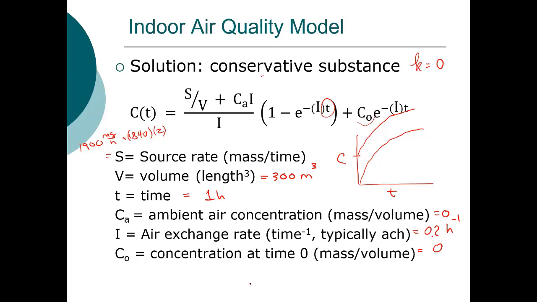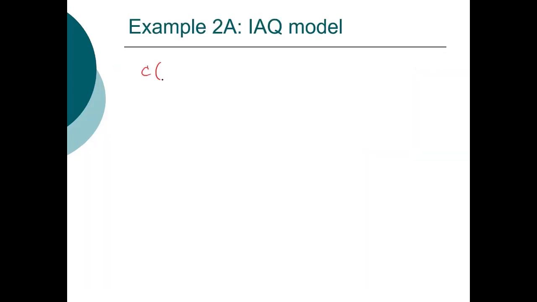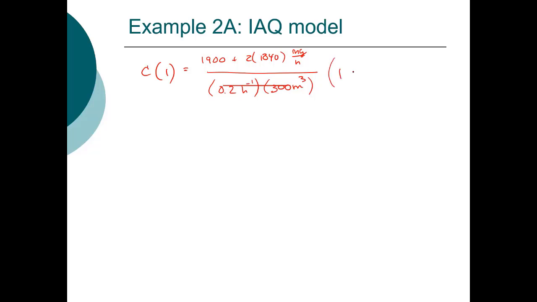So given that, we can substitute that the concentration at 1 hour is equal to 1900 plus 2 times 1840, and that's milligrams per hour, divided by 0.2 inverse hours, and the volume, 300 cubic meters, and that is 1 minus e to the minus 0.2 inverse hours times 1 hour, and that is equal to 16.85 milligrams per meter cubed.